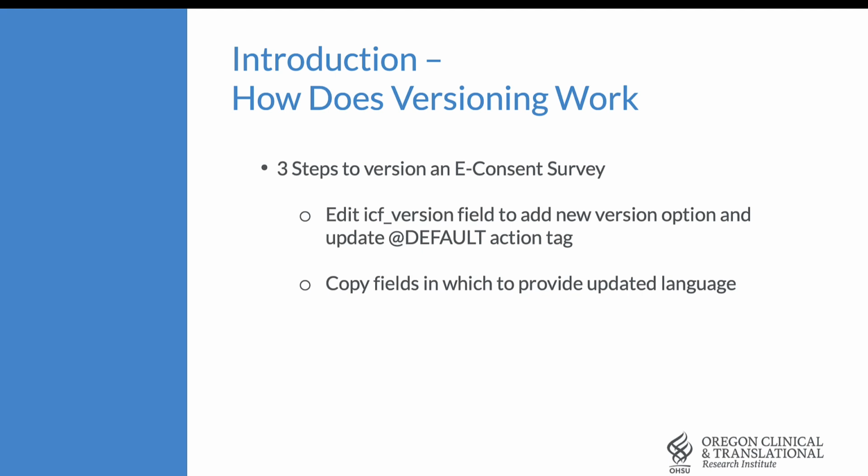And, if applicable, add new descriptive text fields that correspond to new or revised sections of the most recently approved paper consent. Step 3. Apply branching logic to hide the old ICF approval date field and any applicable outdated sections of the e-consent survey that correspond to the old version of the consent, and show the new ICF approval date field and any new or revised sections that correspond to the new version.